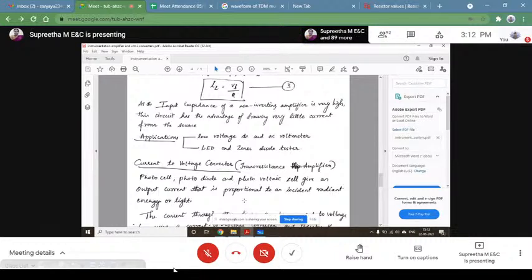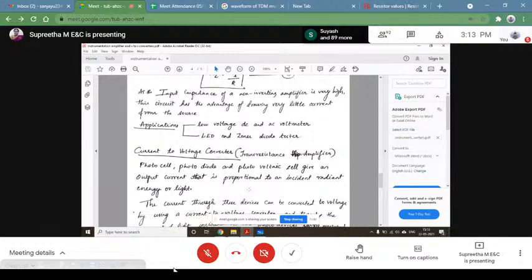Whatever the light falling on the photodiodes will be reflected through the output current. So these currents need to be converted into a potential, and for that we need a current to voltage converter.